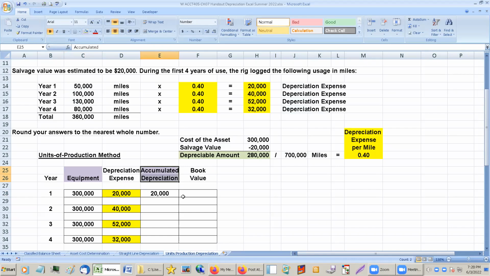Accumulated depreciation. So our book value will equal 300,000 minus 20,000. Next year, 20,000 plus 40,000.